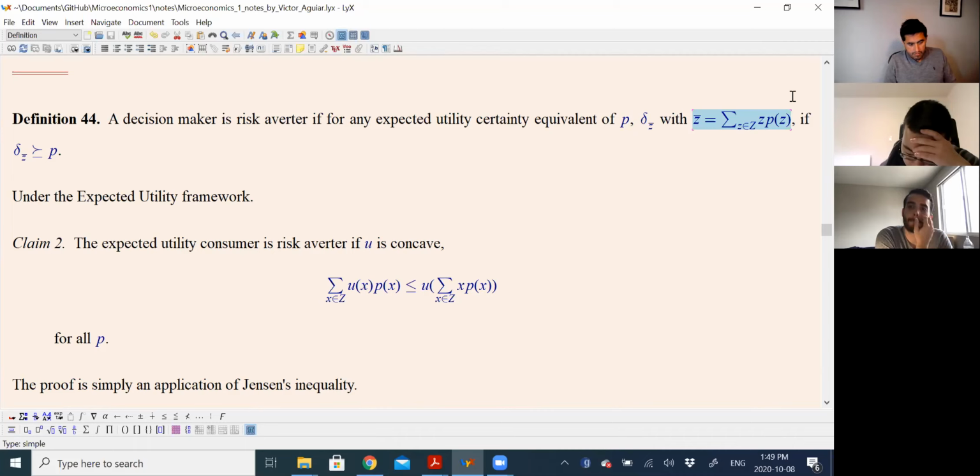In this case, probably I will take more risk. So this is my behavior in lottery 1. And in lottery 2, I have a 50% chance to get 5,000 and a 50% chance to get 0. But in my second lottery, I will become more risk averse. I'm not sure if I have described it well.